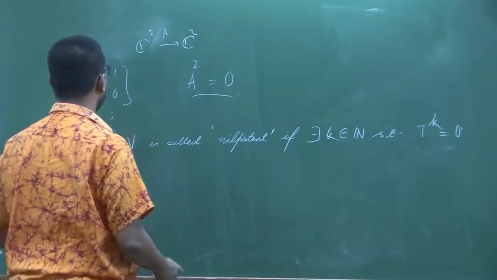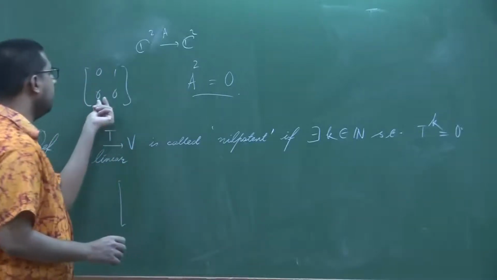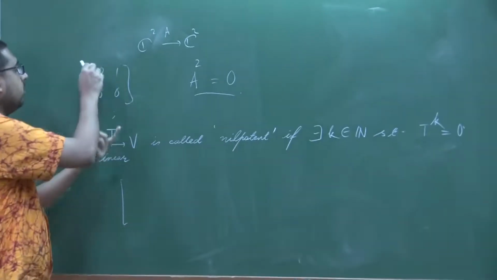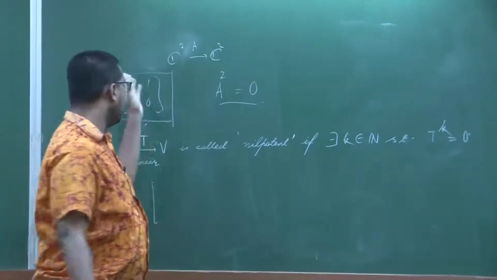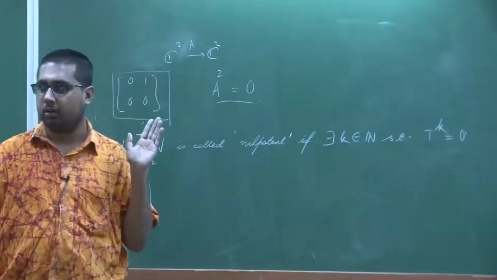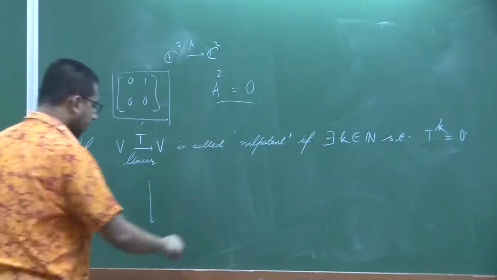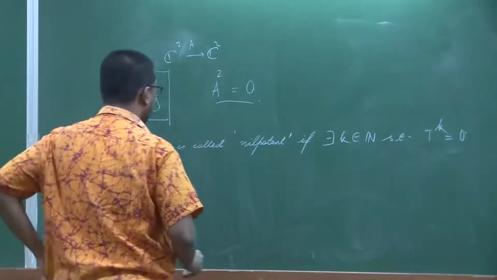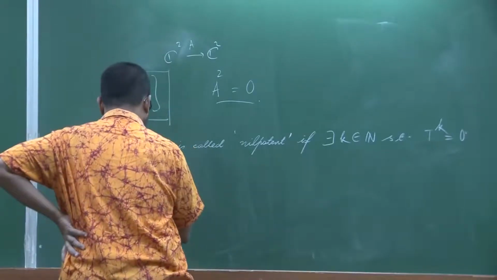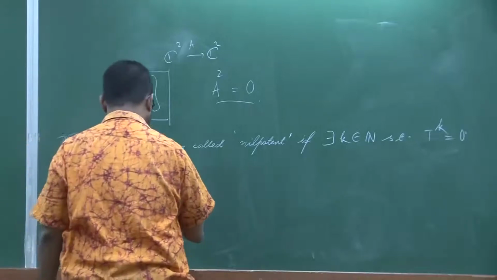If you look at the matrix, what kind of matrix is this? It is upper triangular, and not only upper triangular, we have something more: it is strictly upper triangular, in the sense that the diagonal entries are also 0. So, we can expect this to happen in generality.